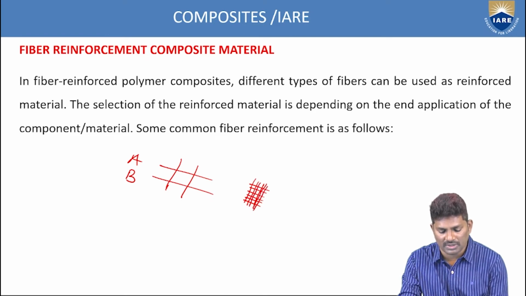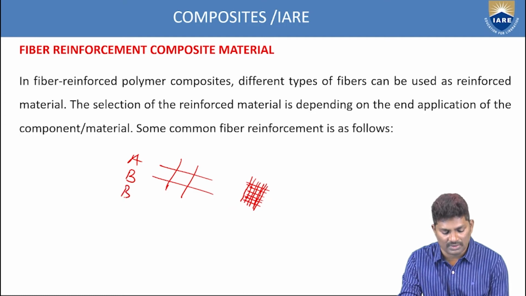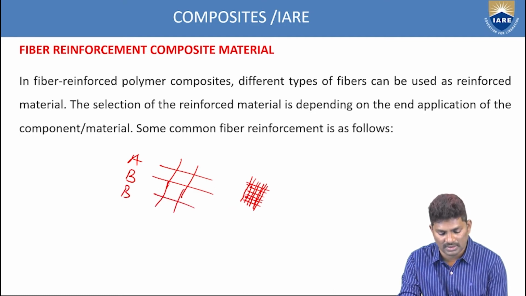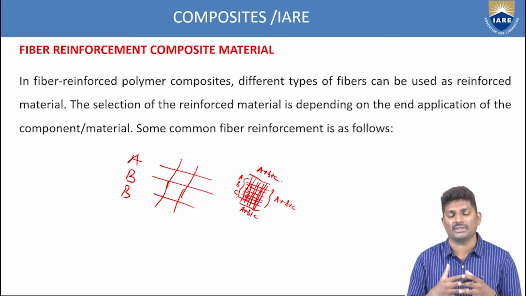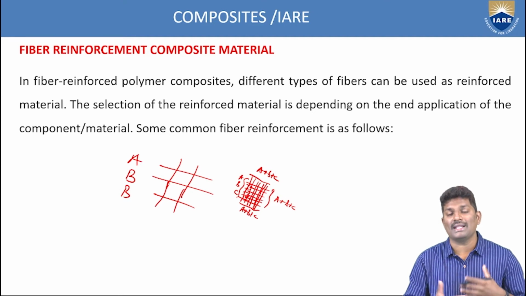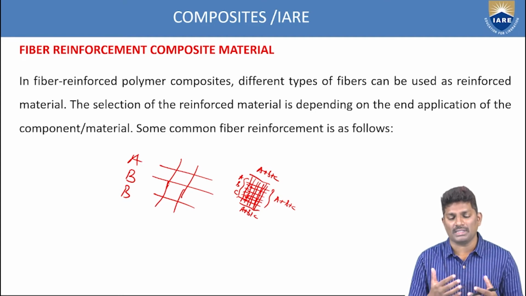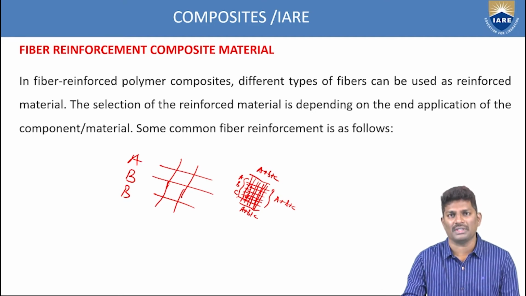So it is a combination of A plus B plus C. At any point, you have all these things, A plus B plus C, around any type of zone. That means you're trying to reinforce all these materials into a single material to enhance the mechanical properties. So that is the beauty of the reinforcement of these materials.